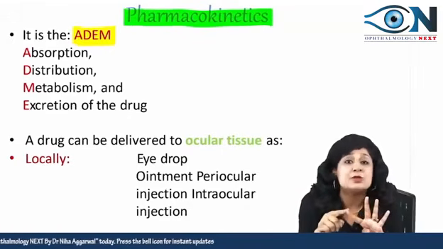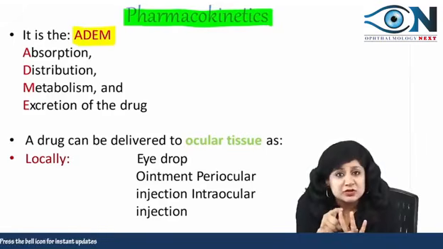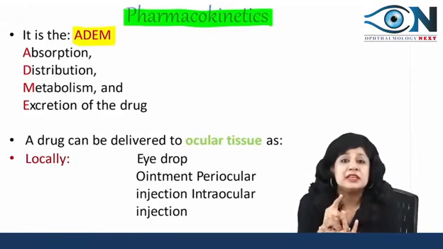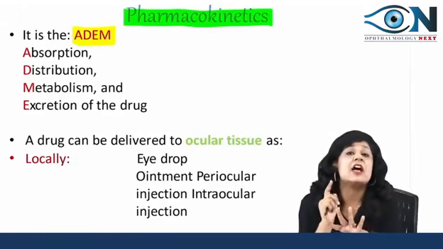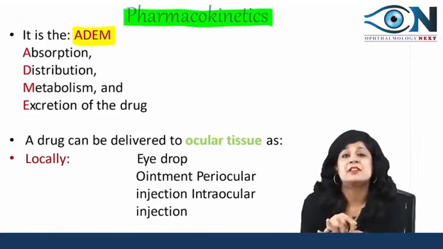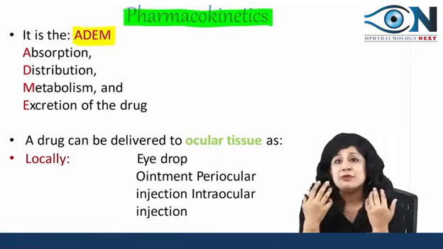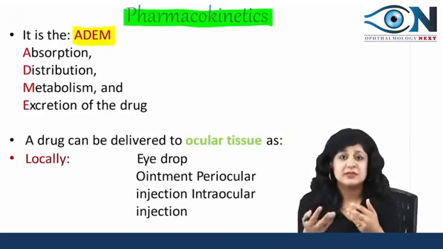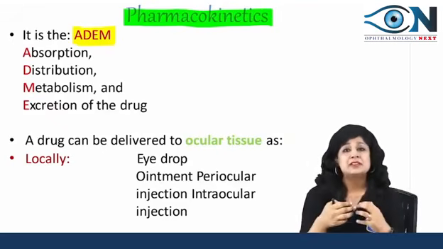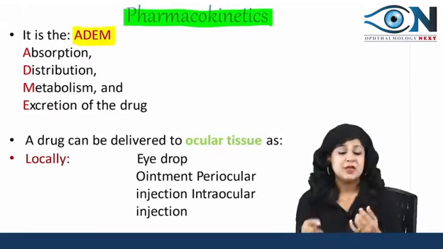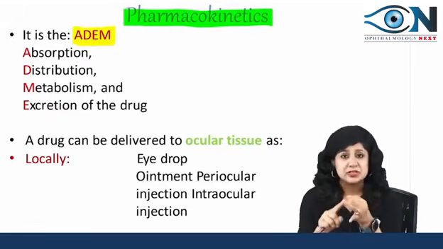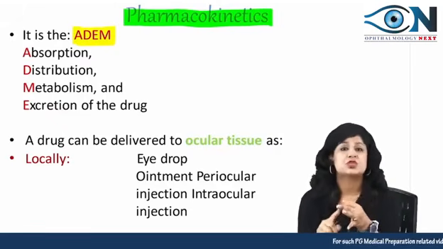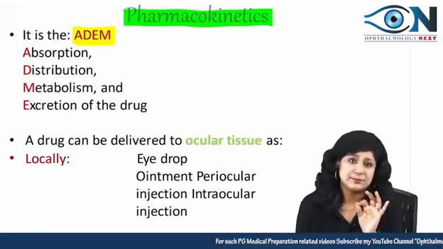A is absorption, D is distribution, E is excretion of the drug, and M is metabolism. While pharmacodynamics was just the mechanism of action of the drug, pharmacokinetics means how it is taken up in the body: the absorption, the distribution, the excretion and the metabolism, right?